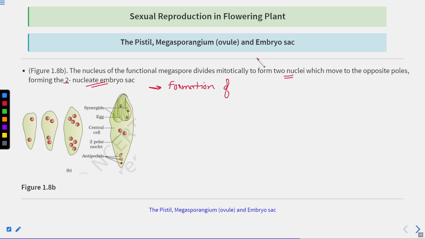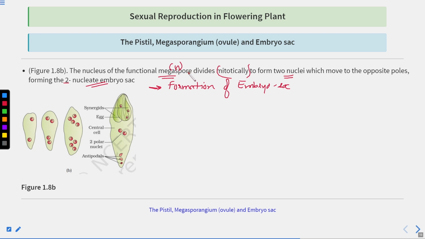So embryo sac is formed by the divisions in the functional megaspore. The nucleus of the functional megaspore divides mitotically. Mitotic divisions take place because the megaspore is haploid.